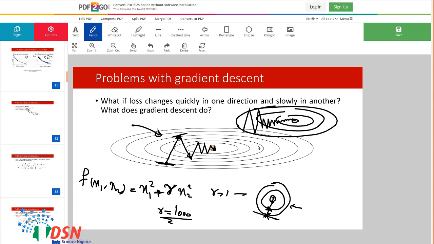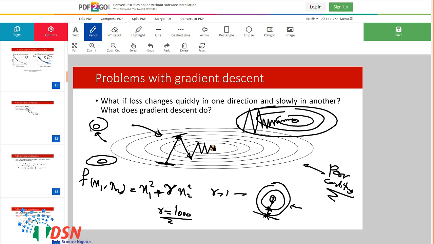gradient descent takes a long time to reach the minimum. So we call this the poor conditioning problem. It means that your contours are not circular.